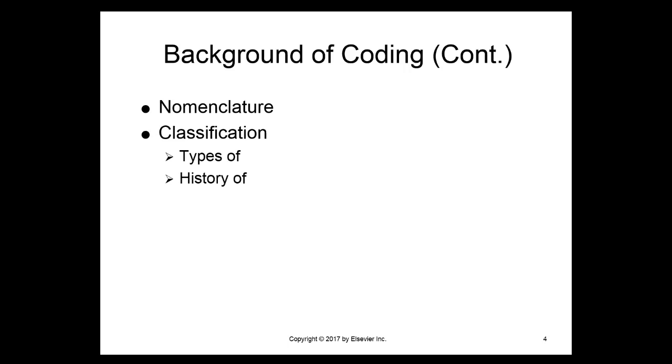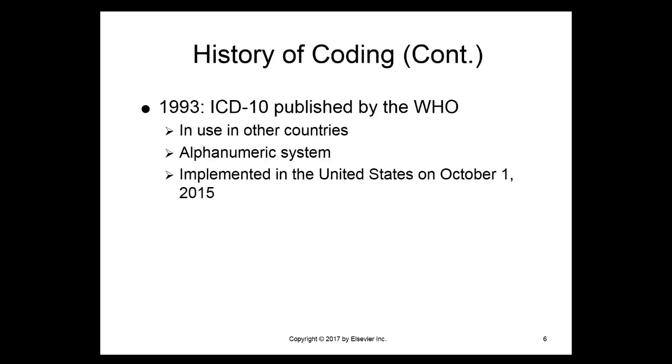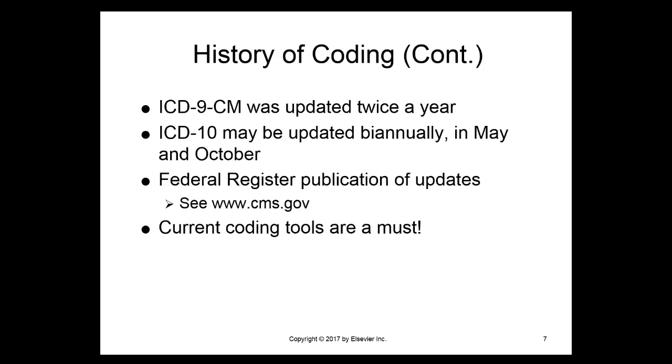There's a difference in a nomenclature and a classification. Those are discussed in your textbook in Chapter 1. The definitions are included in the glossary as well. Some of these slides I'm not going to go over because you can read these in your book. Typically during my lectures I don't use the PowerPoint slides.